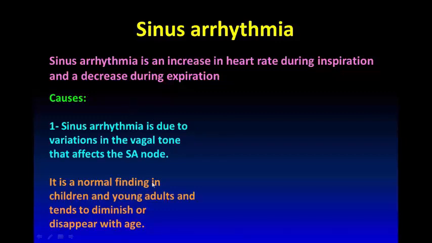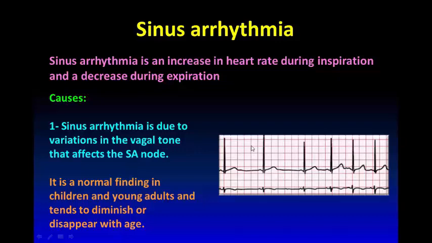It's a normal finding in children and young adults, and it tends to diminish or disappear with age. The mechanism is due to variations in the vagal tone that affects the sinoatrial node during inspiration and expiration.